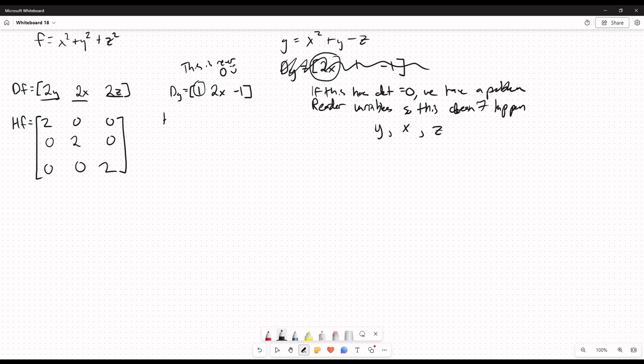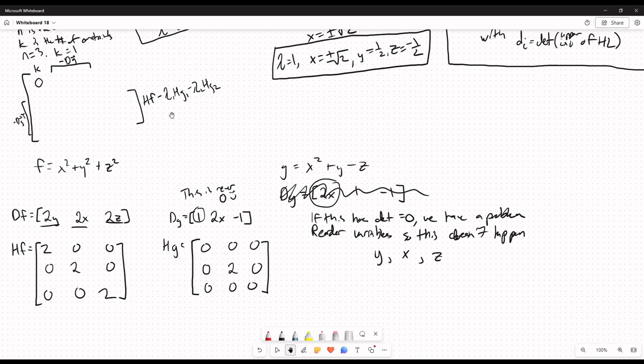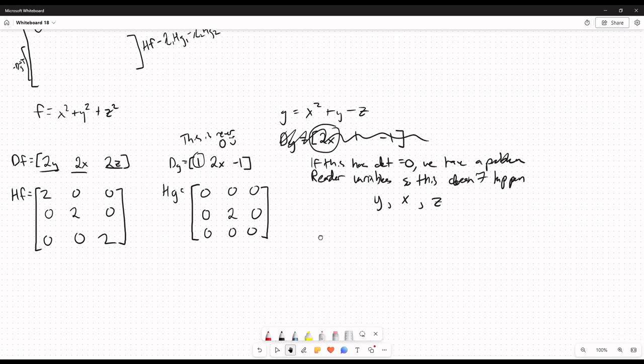Then we also want to look at the Hessian of g in this same backwards world. So we're going to have the derivative of 1 with respect to anything is 0, 0, 0, so that's nice and boring. Then the derivative of 2x with respect to y is 0, with respect to x is 2, so we'll have a 2 right there. And then that's going to be 0, more zeros. And if you remember the different pieces of our matrix, we're also going to need the Hessian of f minus lambda times the Hessian of g.